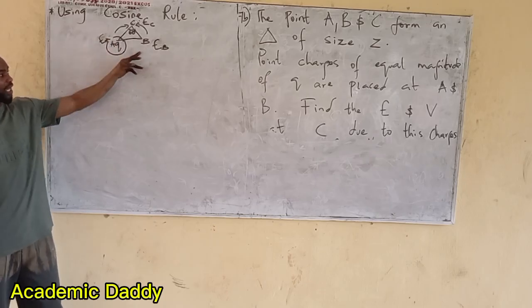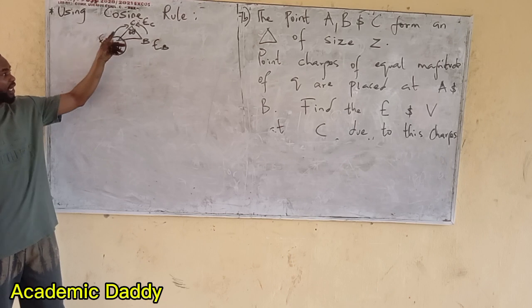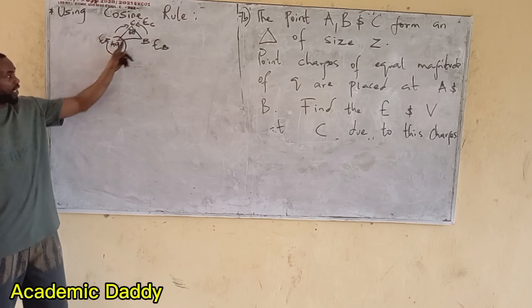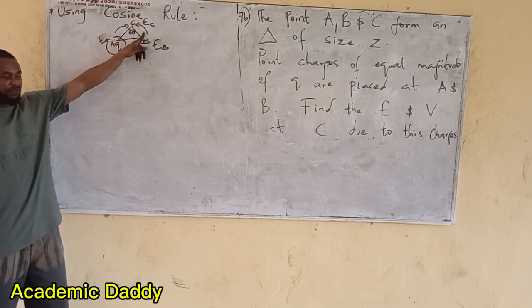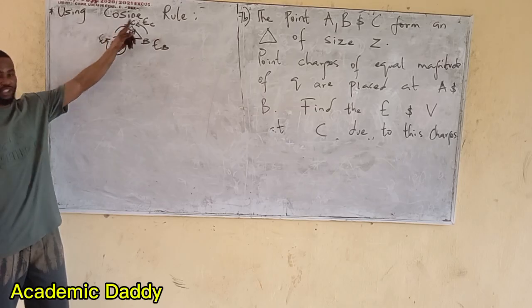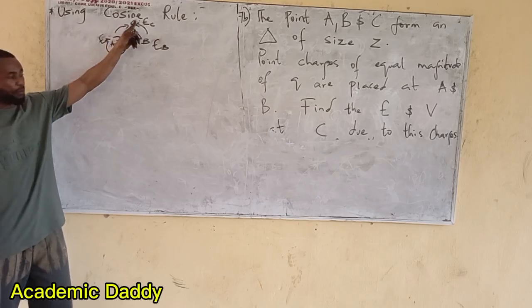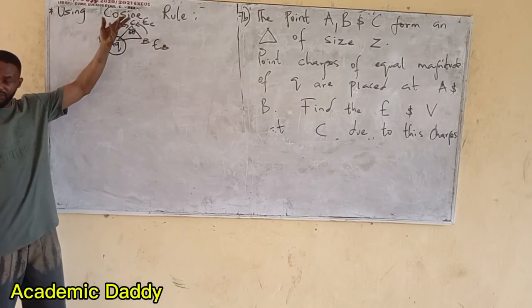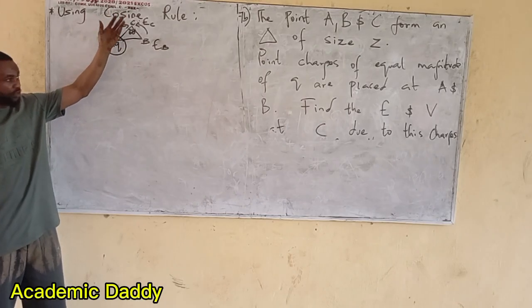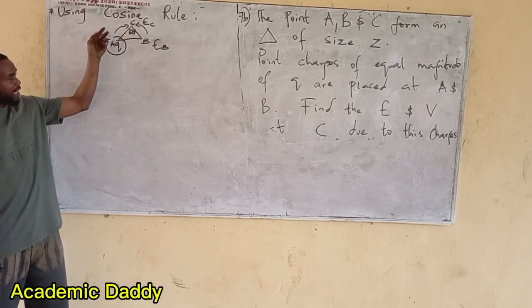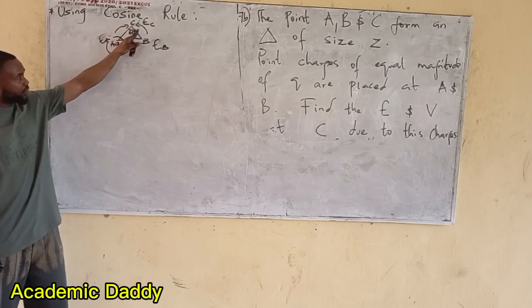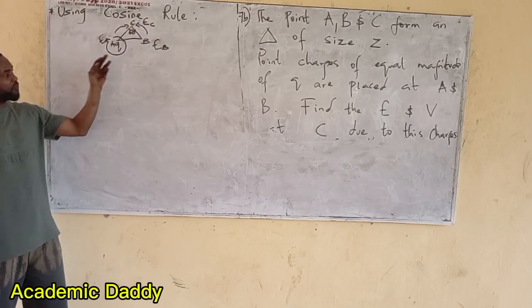Provided they told you that there is another charge here, and this particular thing is connected, that means there should be flow, work should be done, electric potential should take place. And if this charge is supposed to flow, as it's flowing, for each region that it is flowing to, electric field is being created at that region. So as it's flowing, at this point, you are going to be having electric field C, electric field A, and electric field B.